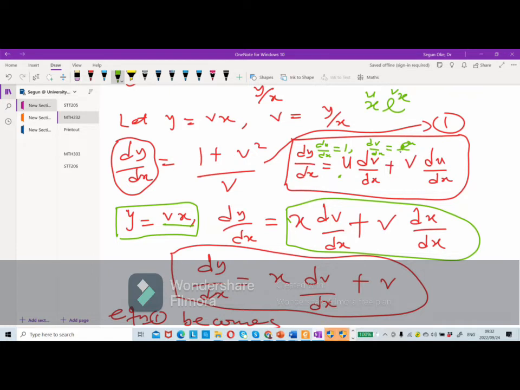Are you following? Yes. Now substitute du/dx and dv/dx inside this formula. What is our u? x. What is our dv/dx? e to x. Plus what is our v? e to x. What's our du/dx? 1. So you write it out.